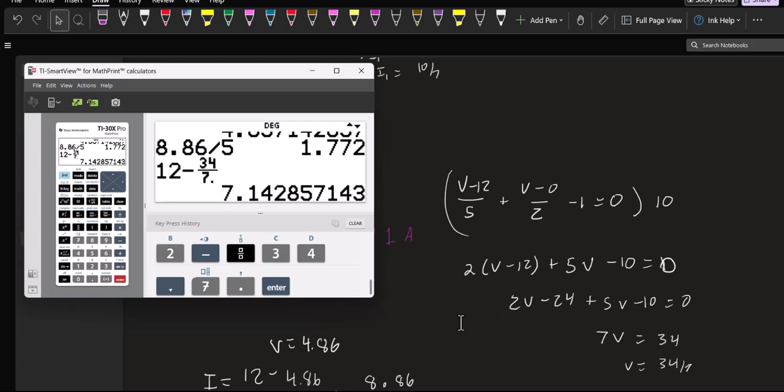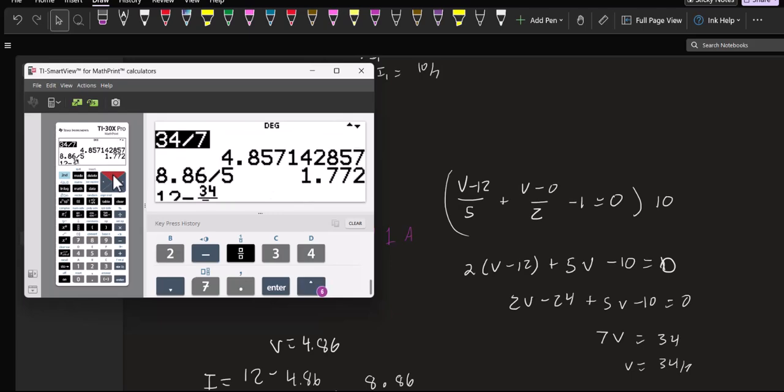Let's see. 34 divided by 7. Did I do that wrong? 4.85.